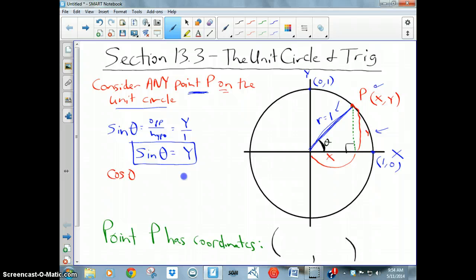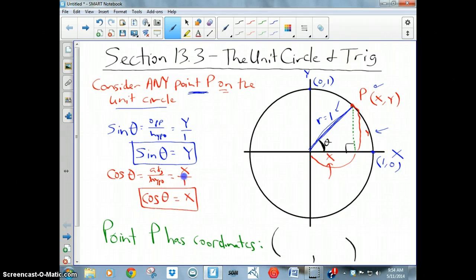Make sure you write that down, put a box around it. Let's talk about cosine of angle theta. Cosine, we know, is adjacent over hypotenuse. And so the adjacent side is x over the hypotenuse, which is 1. Therefore, the cosine of theta is equal to x.